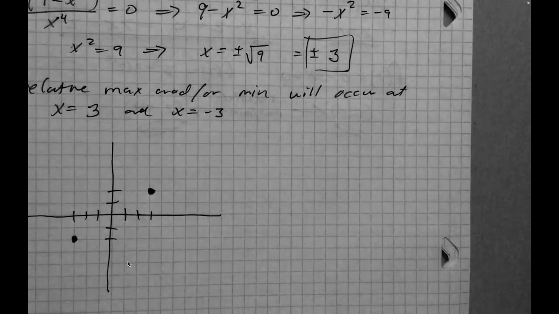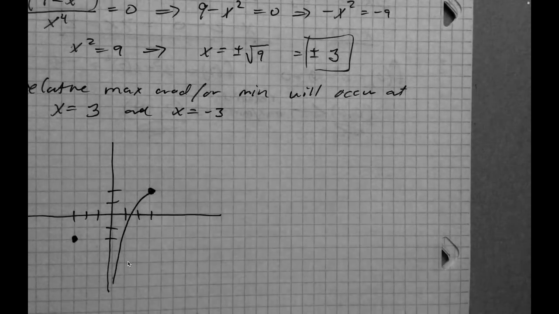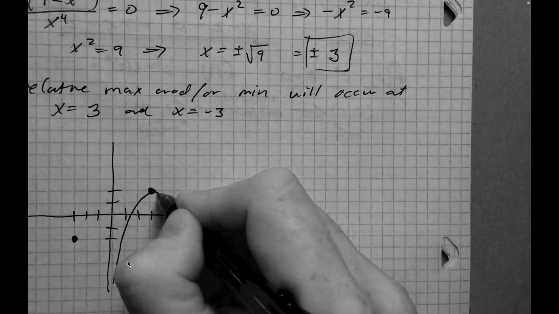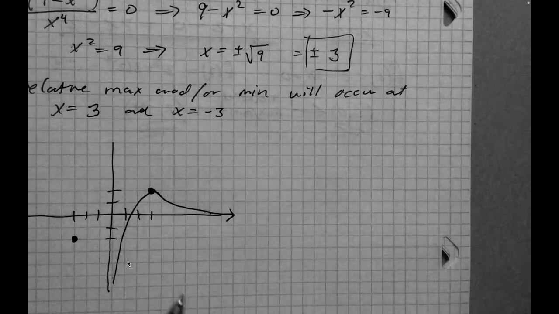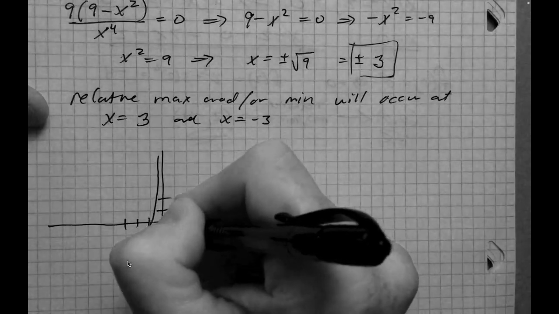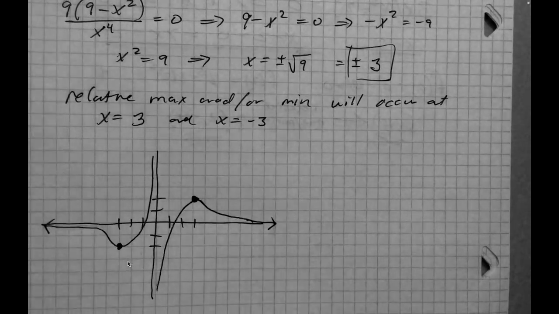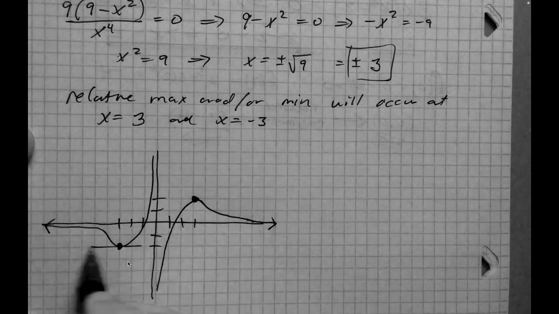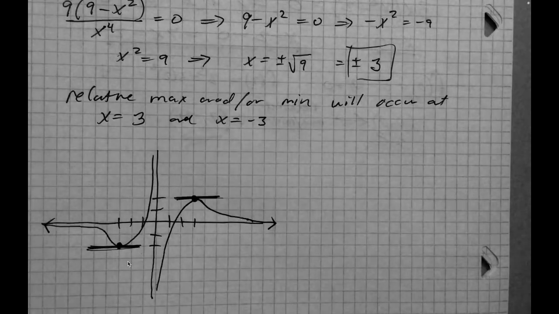So the function comes up like this, hits a maximum value here, pulls back a little bit, and heads off. We'll just say it does that. That's not important, what it does too far out there. And similarly here, it comes down, hits a minimum, comes up, and heads off that direction, right? So you do indeed have a relative max and a relative min at these 2 points.